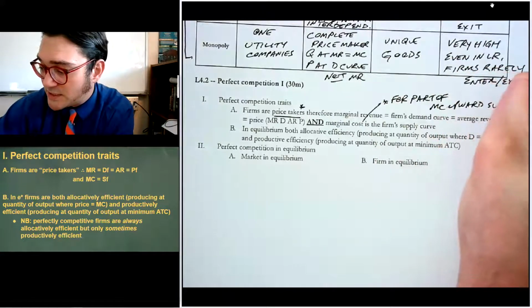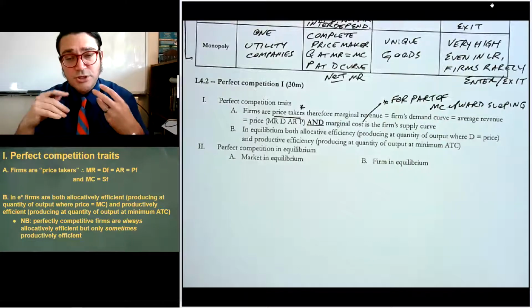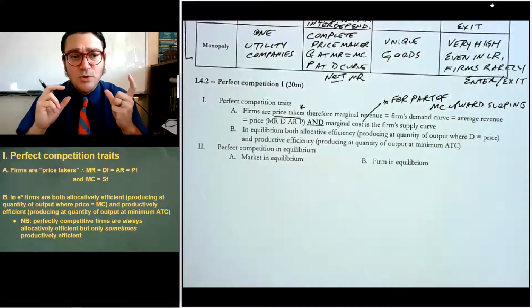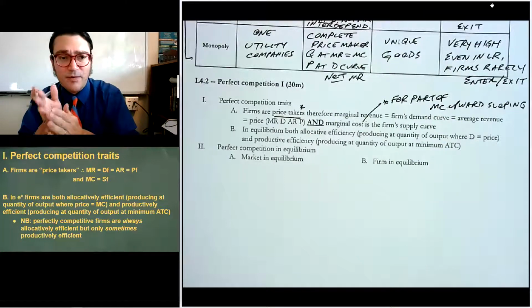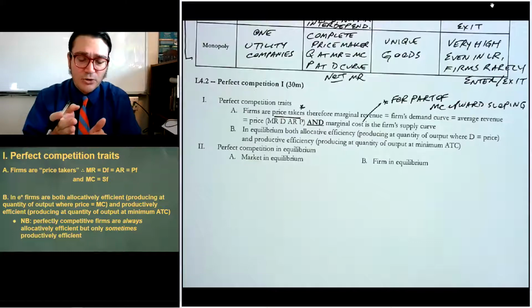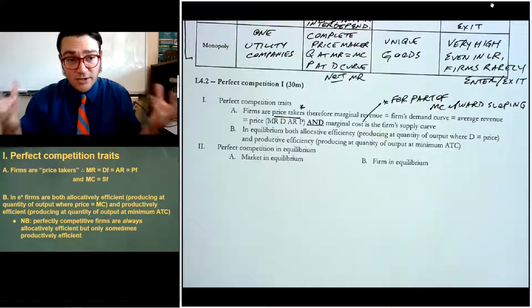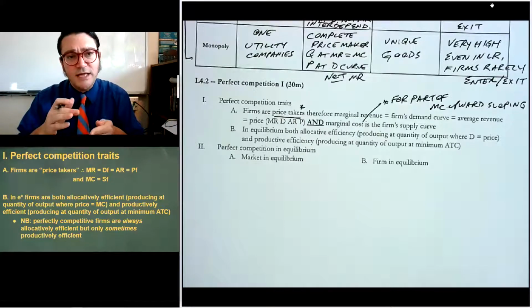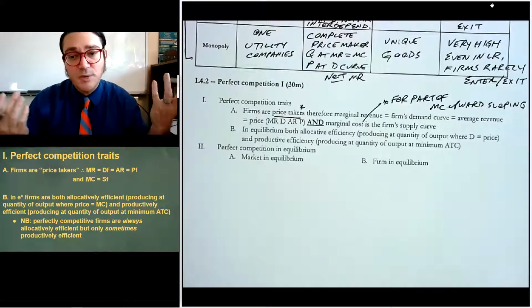And that's really just to say that the downward sloping part, the downward part of the Nike swoosh, is not part of the firm's supply curve because they aren't willing and able to produce at those quantities. It wouldn't make any sense for them to stop in the downward sloping part of the marginal cost because they can still realize savings by specializing and increasing output. So they wouldn't ever stop in the downward sloping part of the MC curve. So for them, the supply curve technically is only the upward sloping part.